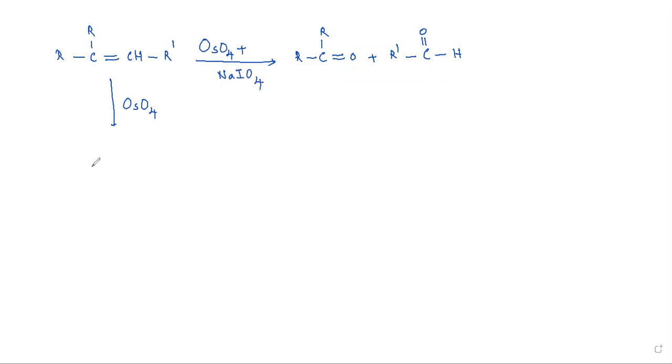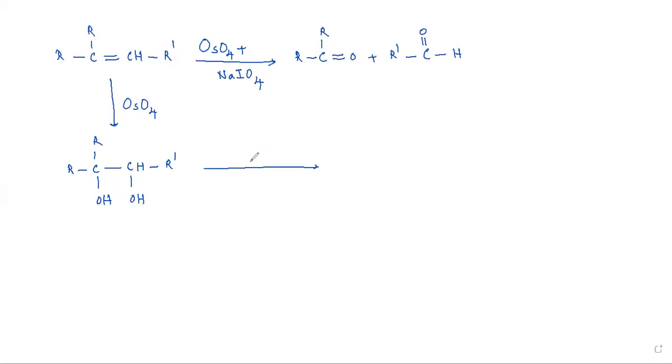But what happens at the beginning is only with osmium tetroxide, you get a syn hydroxylation, as I said. It involves two steps. Across the multiple bond, add the two hydroxyl groups. This is what you get in the beginning.